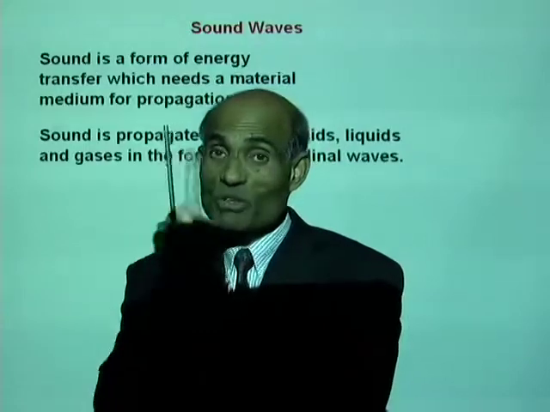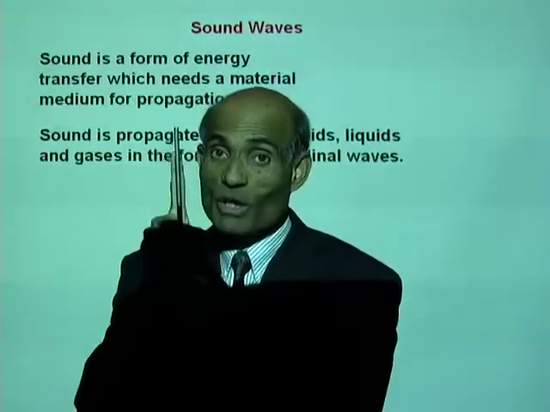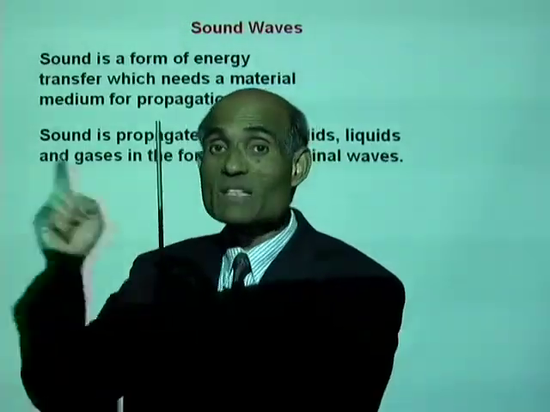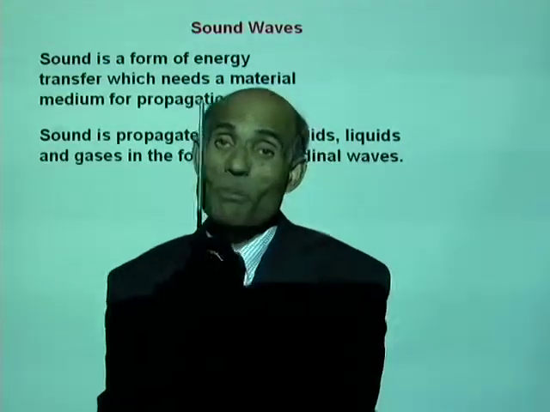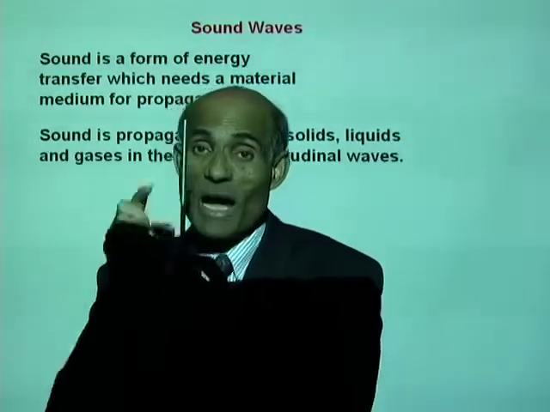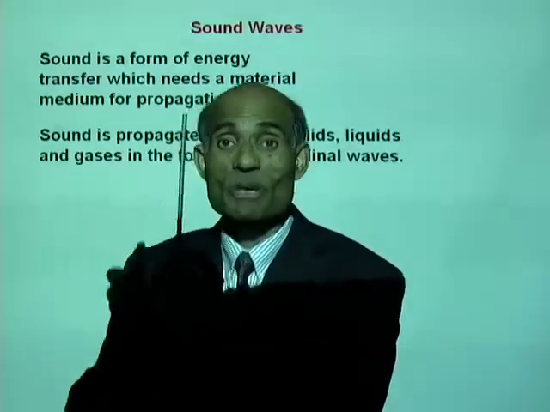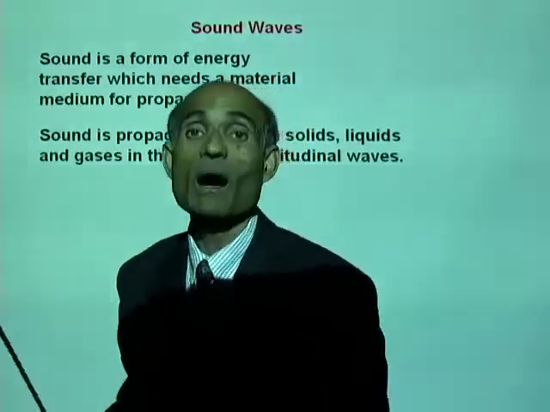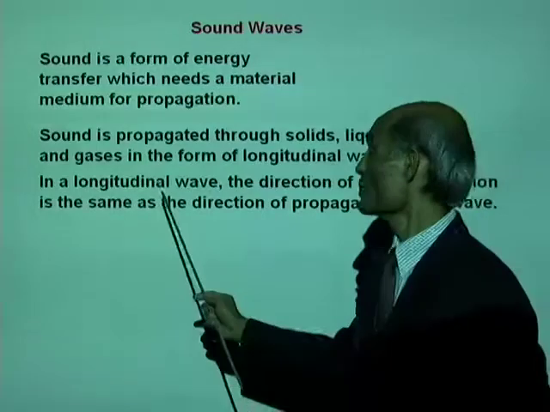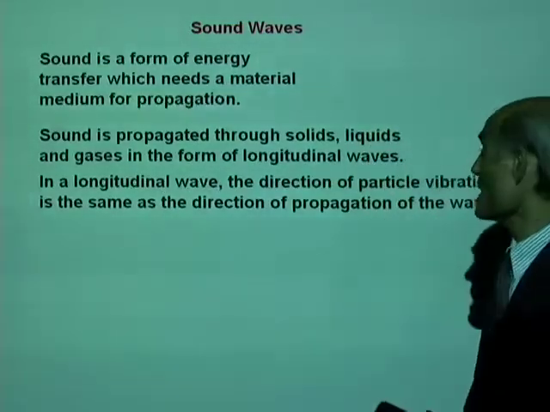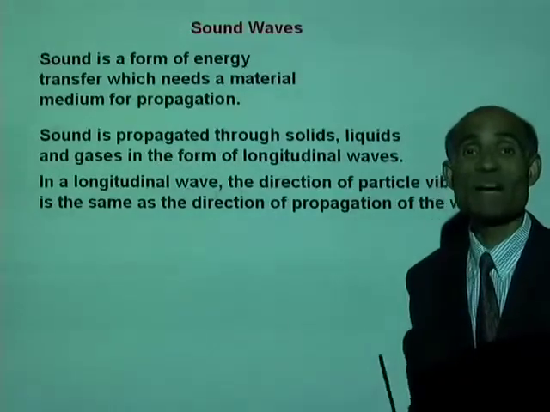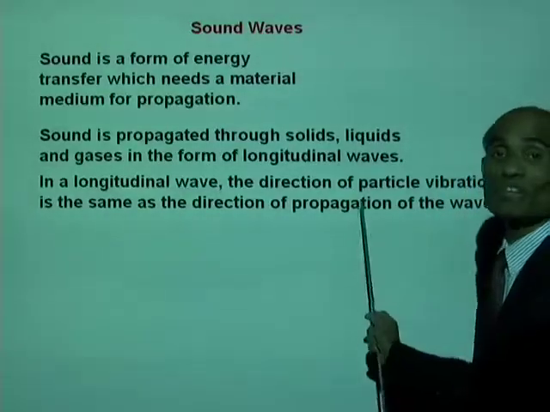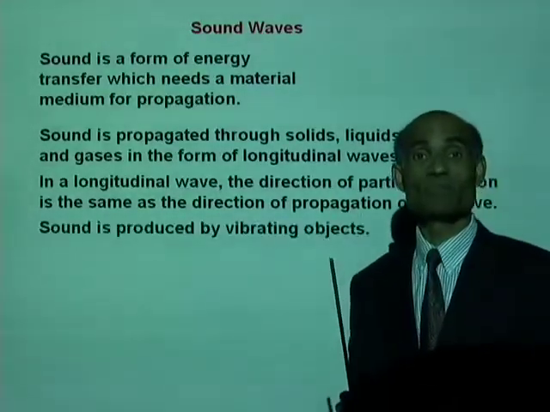If the particle vibrates back and forth, the wave moves to the right as well as to the left. So the particle vibration and the direction of propagation of the wave are basically the same. In a longitudinal wave, the direction of particle vibration is the same as the direction of propagation of the wave.